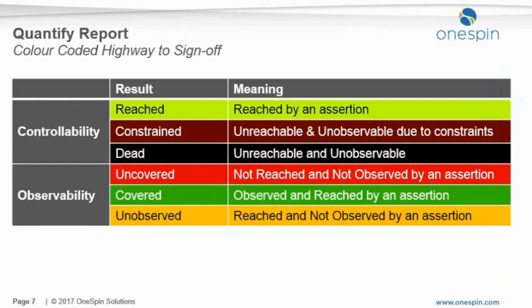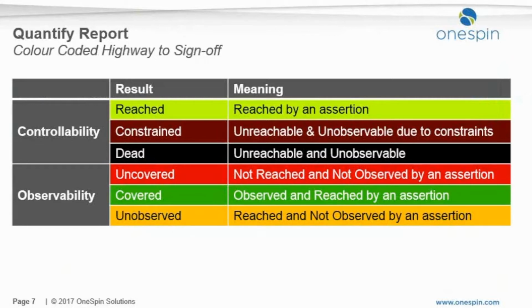If you do accidentally write some over constraints, then you can find this by looking at your dashboard view, and it will tell you that this bit of the design is unreachable and is unobservable. And you can have dead code regardless of your constraints, so we are able to split it out and say, this is truly dead regardless of the constraints.